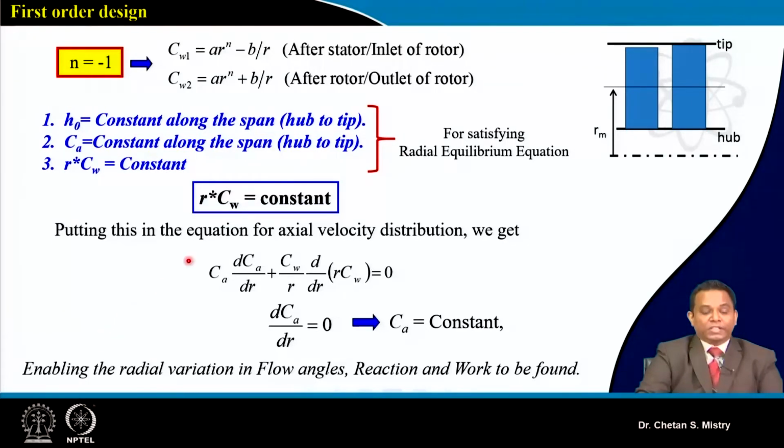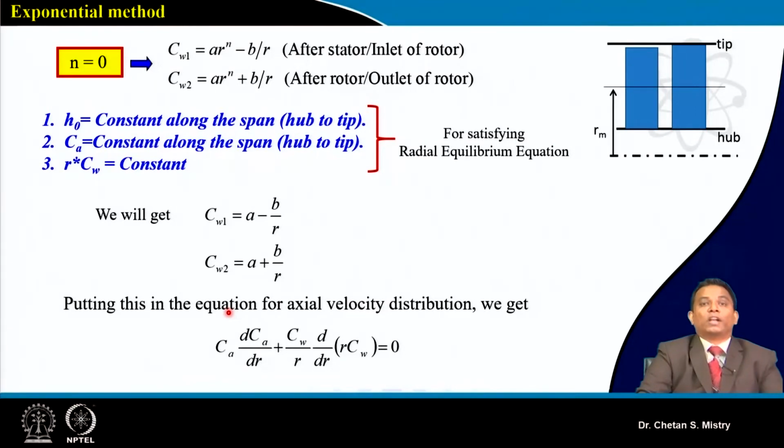So this will give you an idea of the method to calculate how my flow angles, degree of reaction and work vary along my radius. So n equal to -1 gives us my first order design, which is a free vortex kind of design.